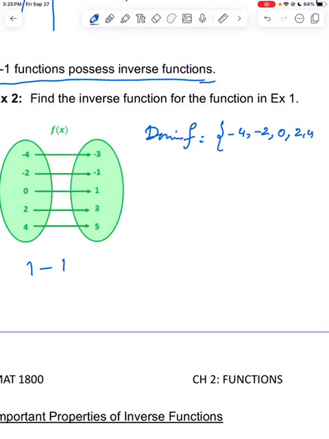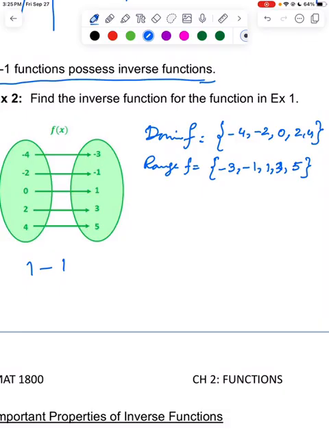What about the range? So the range is -3, -1, 1, 3, 5. Now let's look at what f inverse will look like. Okay.